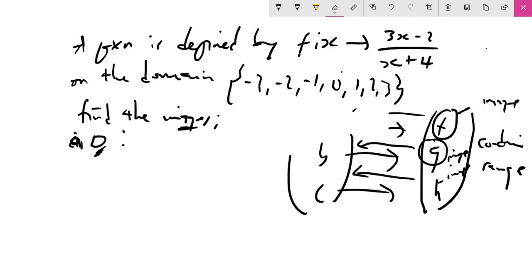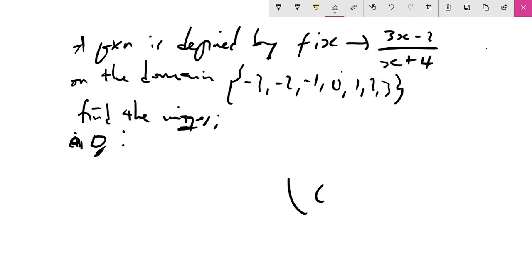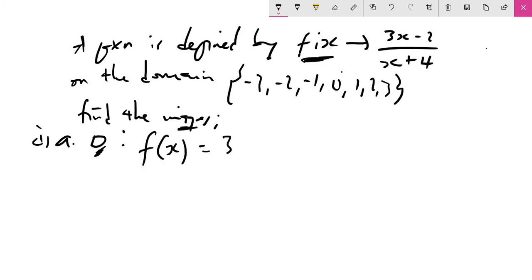Let me free up some space. Okay, so the first part of the question said A, 0. So you find the image of 0. So f of 0, remember, even though questions will usually bring f of x in this form, I will encourage you to always write it as this: f(x) = (3x - 2)/(x + 4).